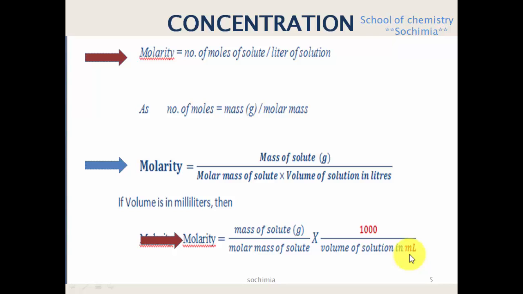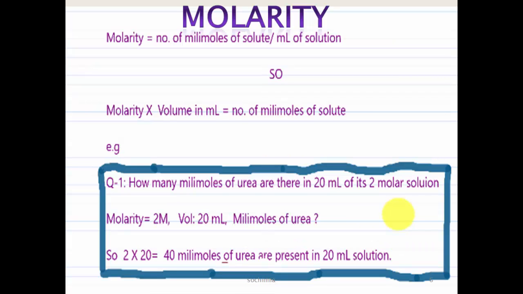The only difference is that the volume of solution, which was in liters, is now used in ml, and to compensate for that, we have used 1000 as a factor here. So these are the formulas which are normally used to practice different problems related to molarity.